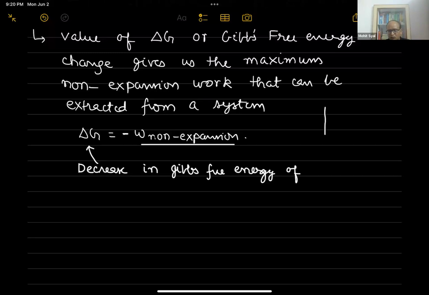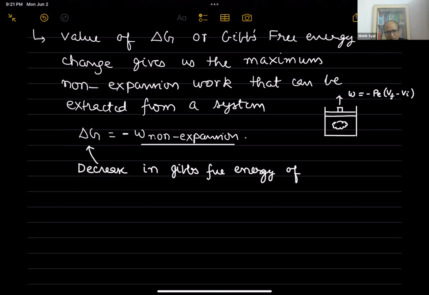So we have seen the PV work that was related to the first law. Suppose you are heating a gas. This gas is going to expand and move this piston out. Work done by the gas equals minus external pressure into change in volume, V final minus V initial.